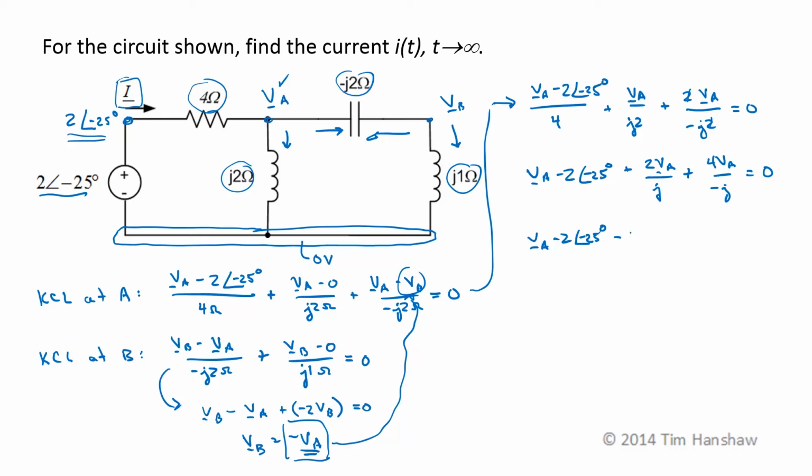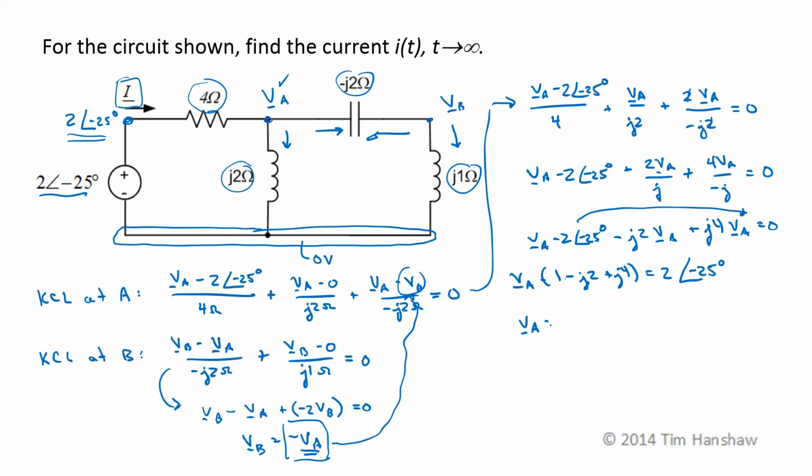Moving this J into the numerator makes it a negative J, so minus J2 V sub A. This moved into the numerator becomes a negative of negative J, so that's plus J4 V sub A is equal to 0. So grouping the V sub A's, V sub A times 1 minus J2 plus J4, and then moving that over to the right-hand side is equal to 2 at an angle of minus 25 degrees. So V sub A is equal to 2 at an angle of minus 25 degrees over 1 plus J2.